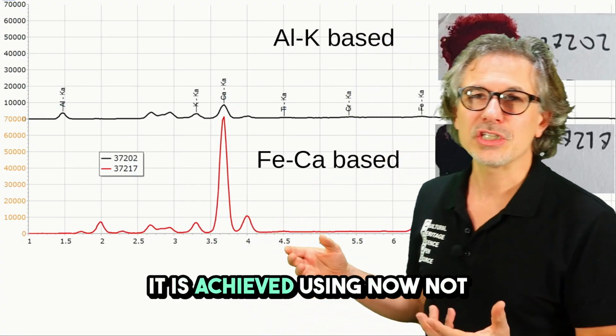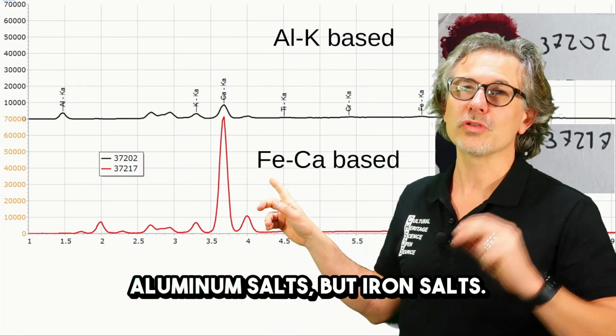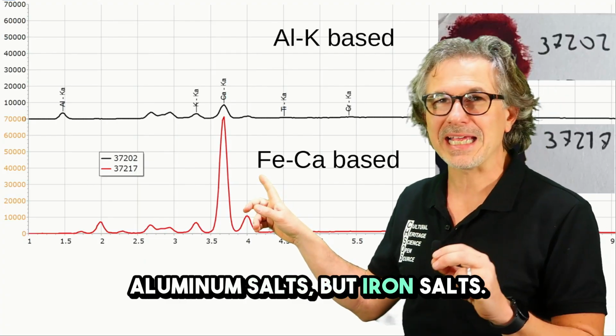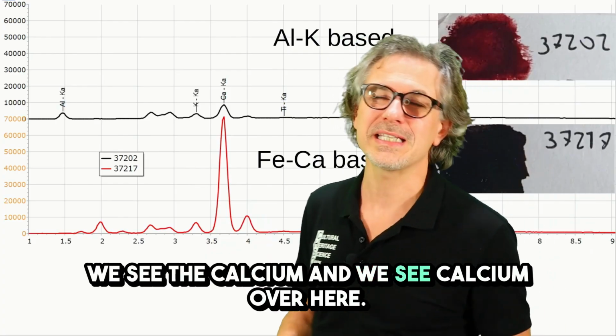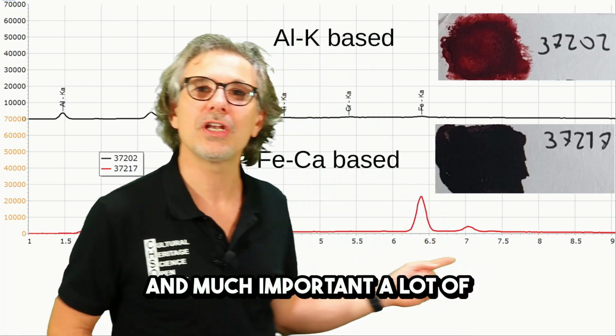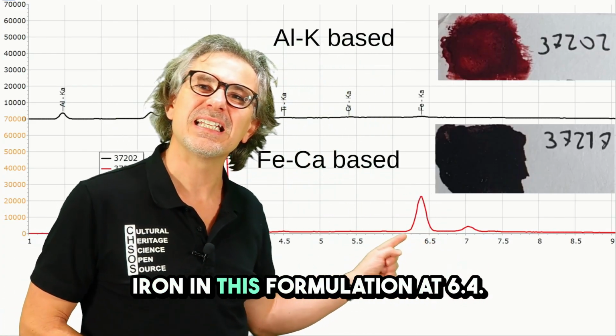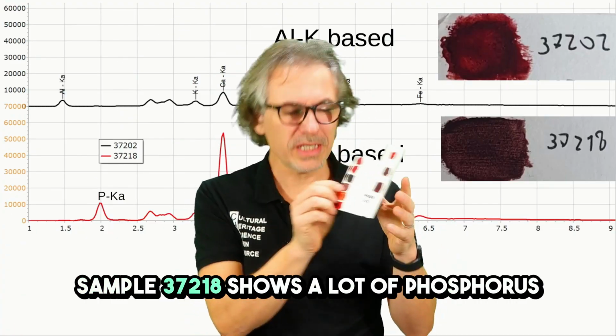It is achieved using now not an aluminum salt but an iron salt. We see the calcium over here, and much more important, a lot of iron in this formulation at 6.4.